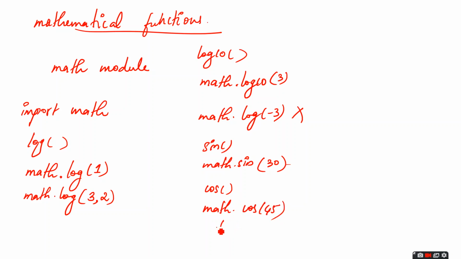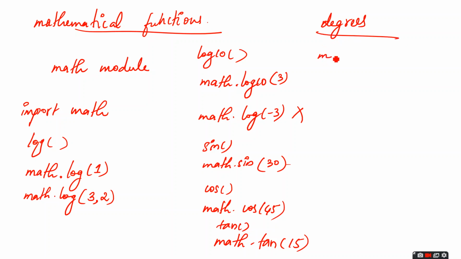Then tan. If you want to get the tan value of a number, we can write math dot tan. Inside the parenthesis we can give 15. We will get the value of tan 15. Next is the degrees function. If you want to get the degrees of a value, we can use the degrees function.